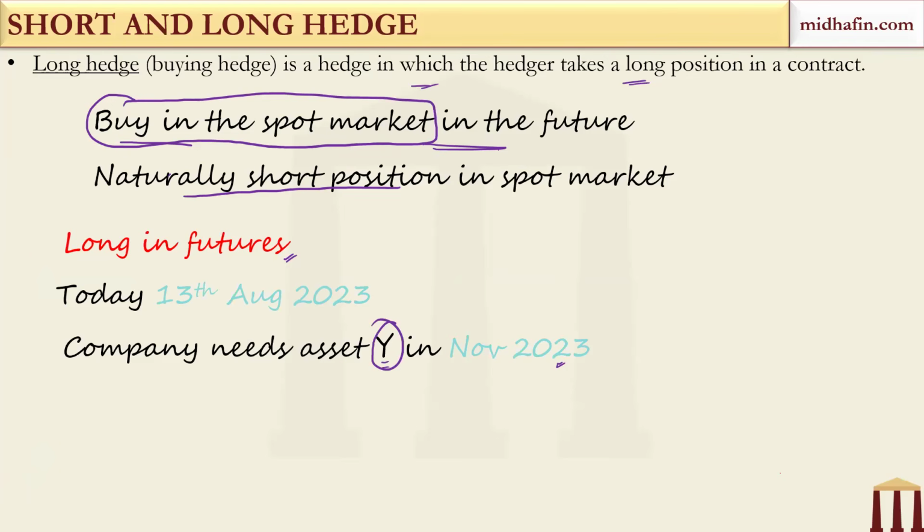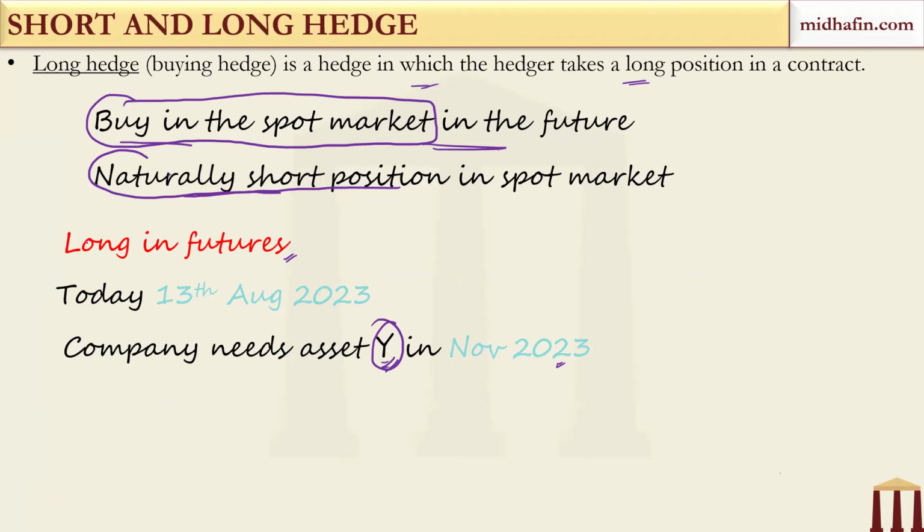Even if you are not clear with this idea of why the company is in a naturally short position, you still know that the company needs corn. So the company has to lock in the buying price. Agreed or not? The company has to lock in the buying price or the selling price? Buying price. Exactly.